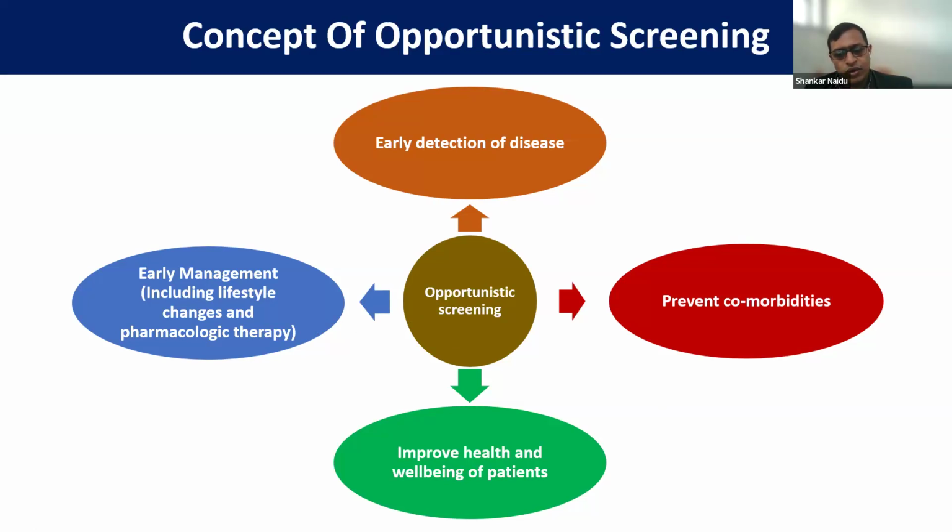As I've already said, hypertension and diabetes are risk factors for ischemic heart disease or stroke. So if we can detect hypertension and diabetes at an earlier stage and start pharmacological therapy, we might prevent the development of various end organ damages like ischemic heart disease, chronic kidney disease or retinopathy.